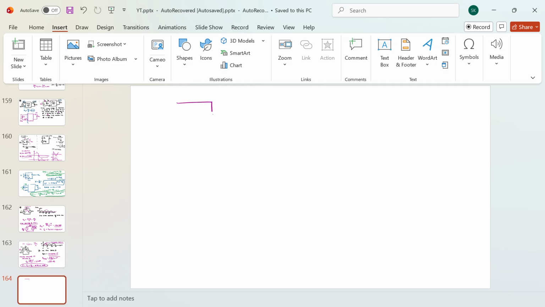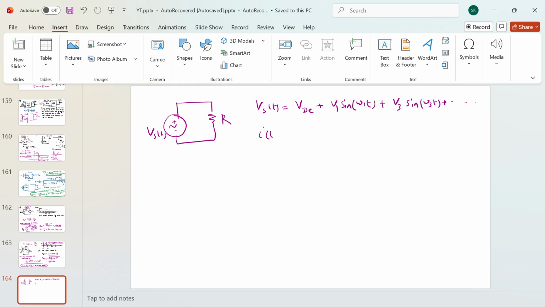Let's say you have one resistance and one voltage source, and this voltage source contains harmonics: VDC plus V1 sine omega 1 t plus V3 sine omega 3 t plus so on. The current flowing through the circuit will be VDC by R plus V1 by R sine omega 1 t plus V3 by R sine omega 3 t plus so on.